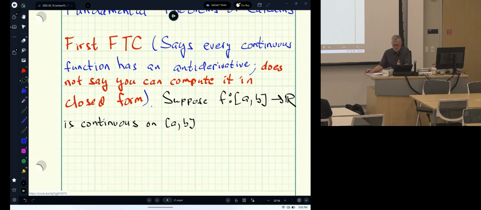That means we pick an arbitrary point in the interior, the limit from the left equals the limit from the right, which equals the value of the function. And at the two endpoints, at a the limit from the right is equal to the value of the function, and the limit from the left at b is equal to the value of the function. All those things exist.